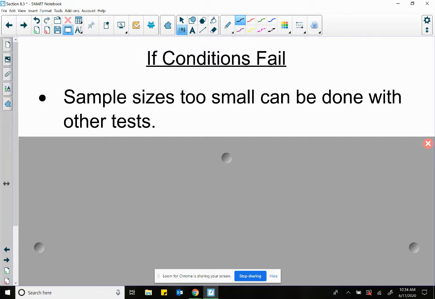But there are other tests that we can work with if the sample size is too small. Just because the sample size is small and we throw out the normal distribution doesn't mean that it's all a lost cause. There are other tests out there. We're just not going to talk about those. It's not in our book. We don't have to worry about that part being covered.